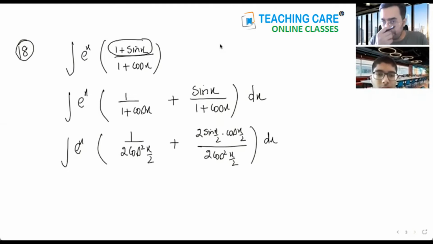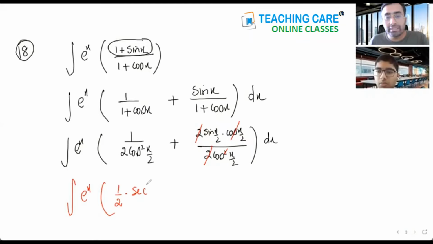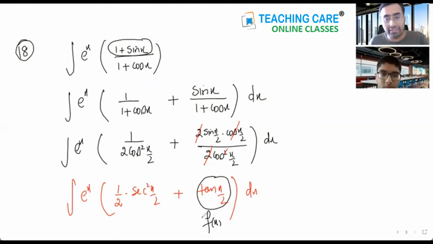If I simplify further, this 2 and this 2 will get cancelled, and cos will get cancelled. So now we are left with e raised to the power x times [1 over 2 sec square x by 2, plus sine over cos, tan x by 2] dx.